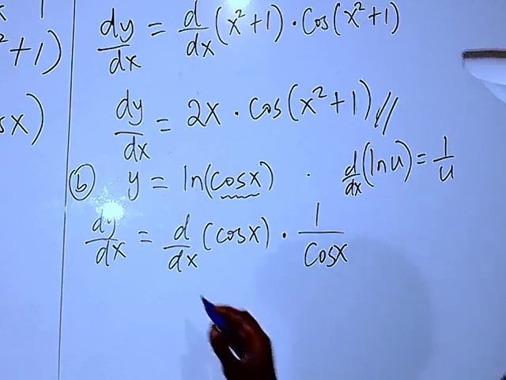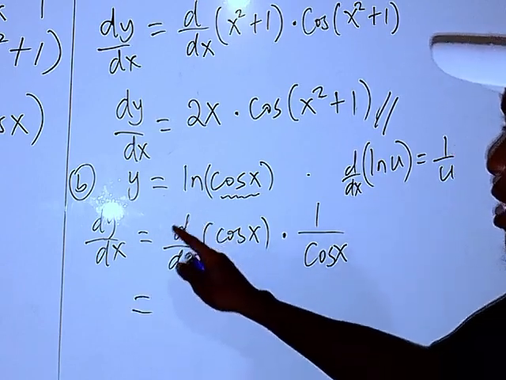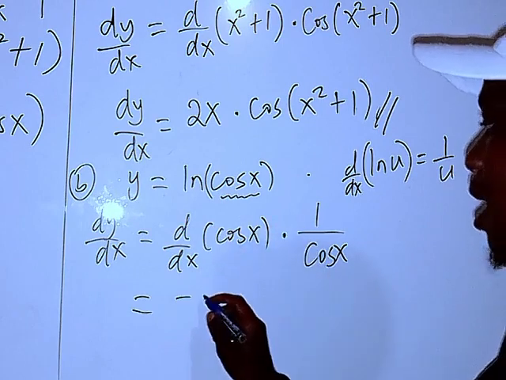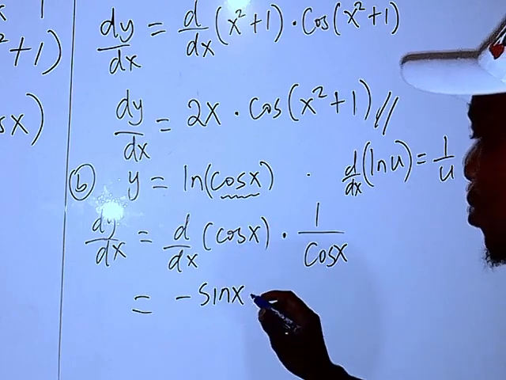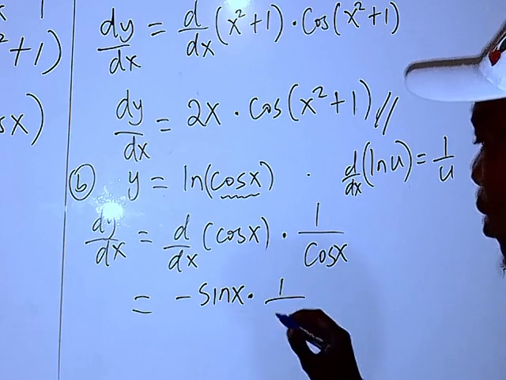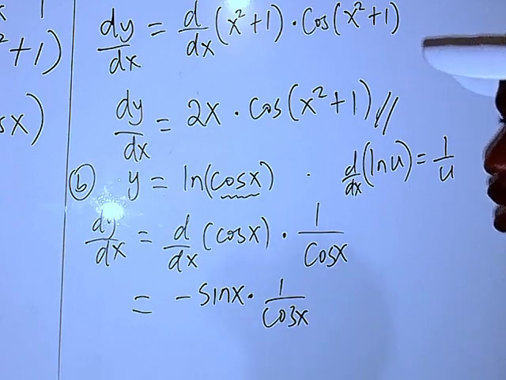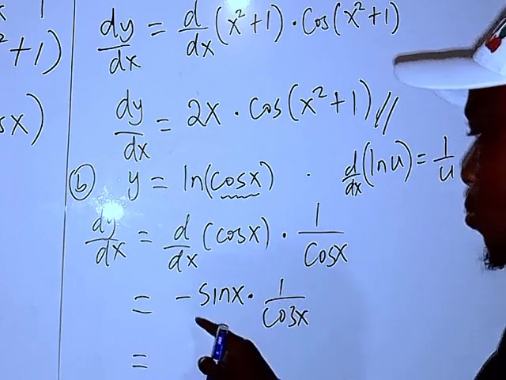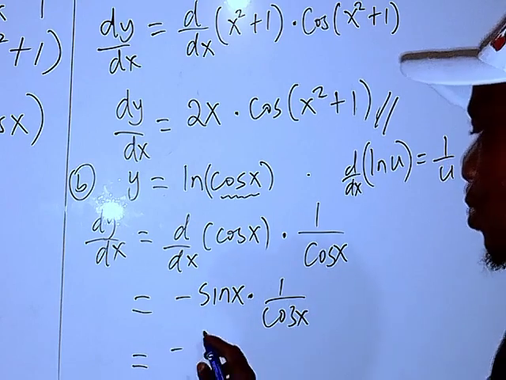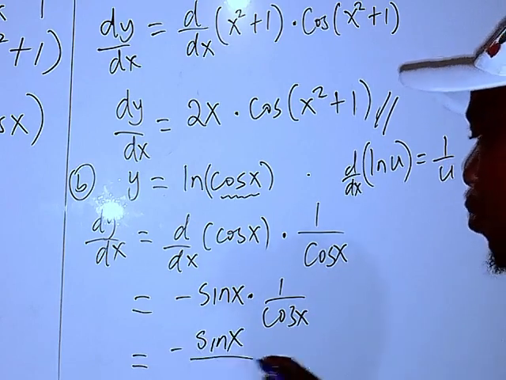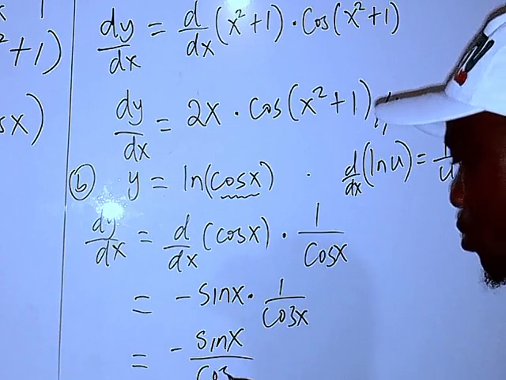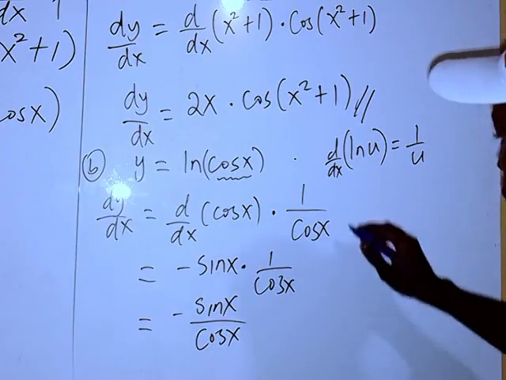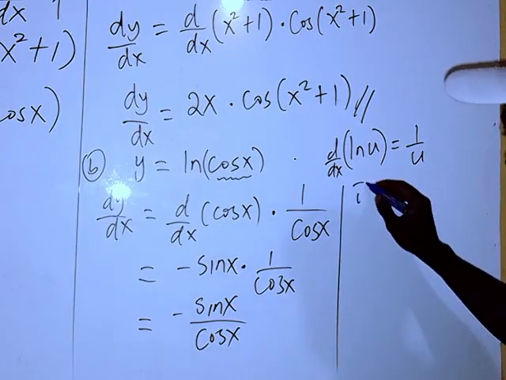Now, what is the derivative of cos x? That is minus sine x, times 1 over cos x. When we multiply these, we have minus sine x over cos x.